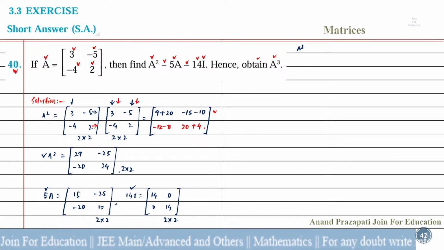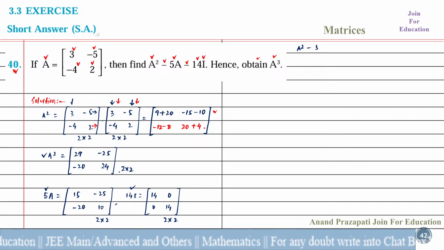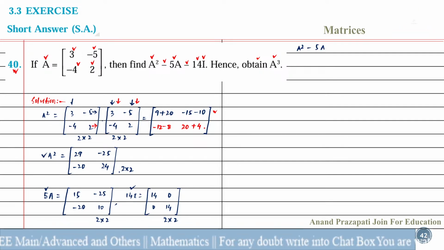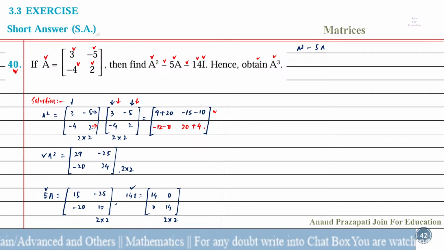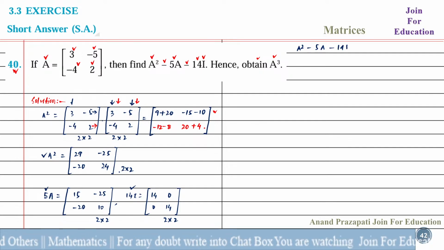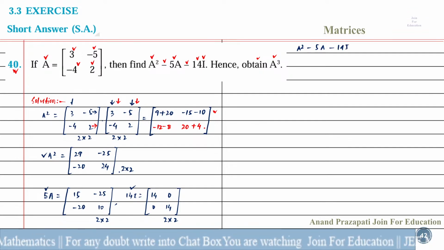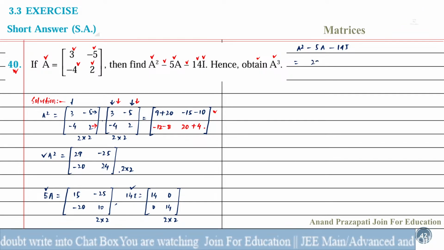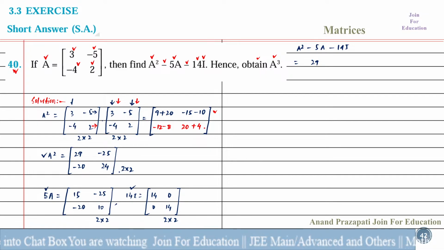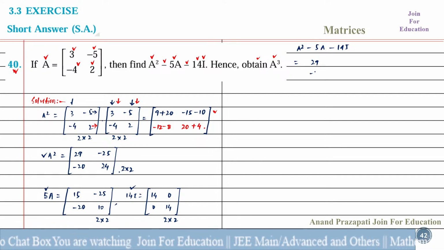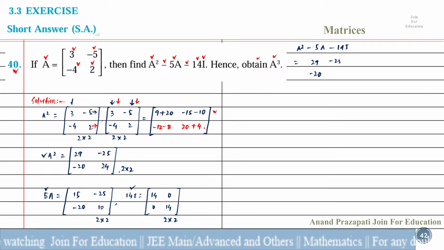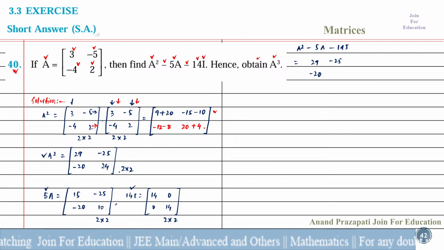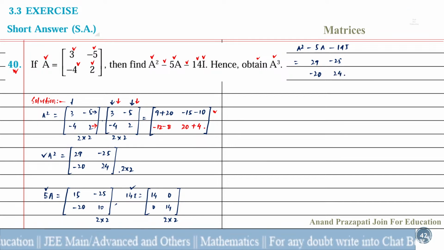a square minus 5a minus 14I equal to, here will be the value of a square is 29 minus 20 minus 25 and this is the 24.